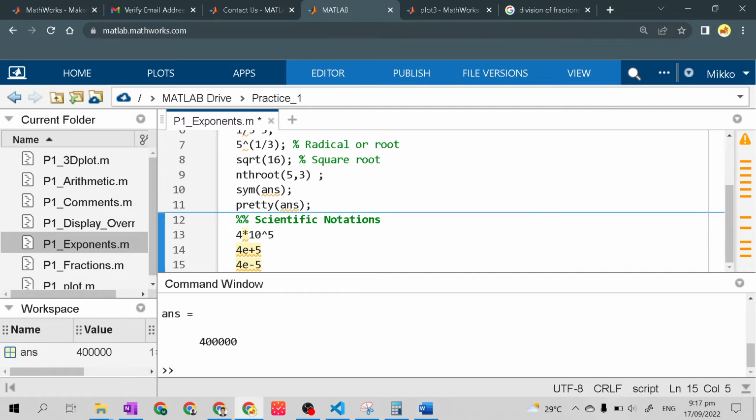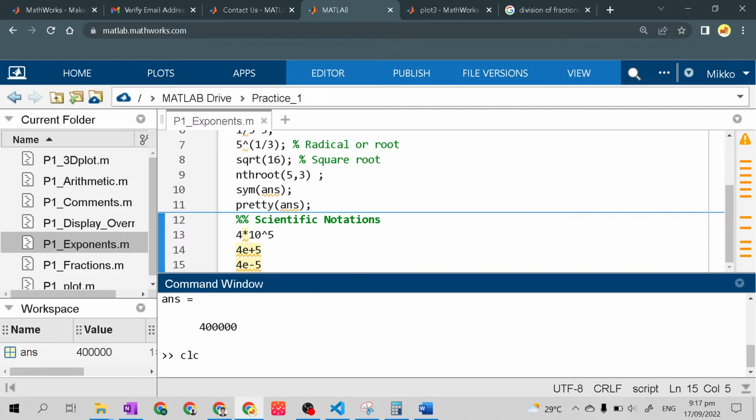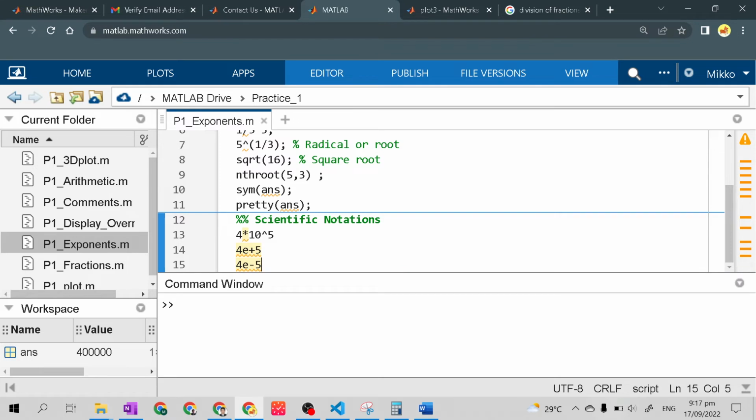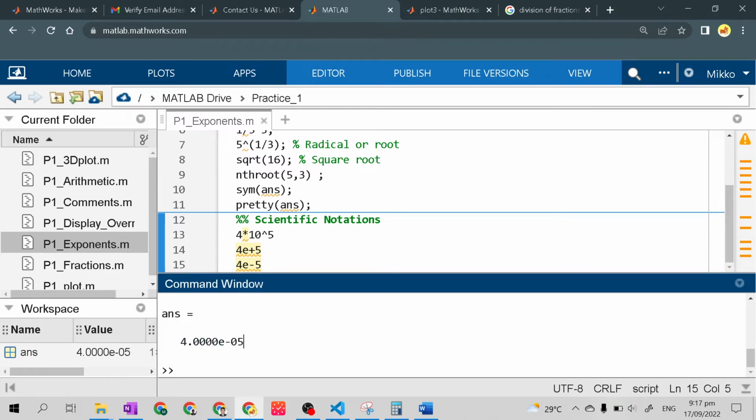Okay, so let's try. So we have here, it's already in scientific notation.